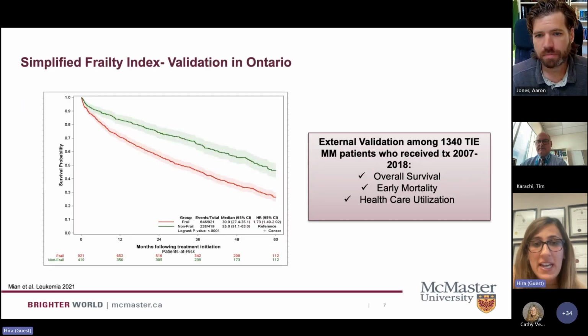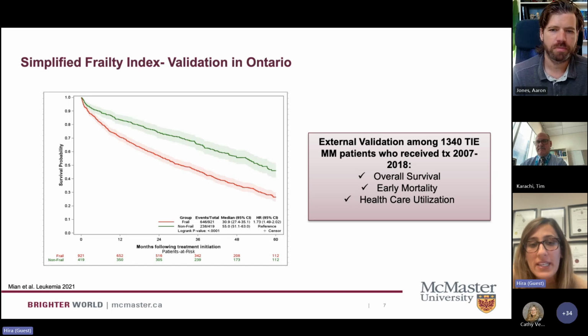And this was a fantastic validation. We're the only group that was able to quickly validate and show that there was external validity of this frailty index for outcomes among older patients, not just for overall survival, but also for early mortality as well as healthcare utilization. So that was a neat little project, which was timely and ended up being published in a pretty great journal as well.